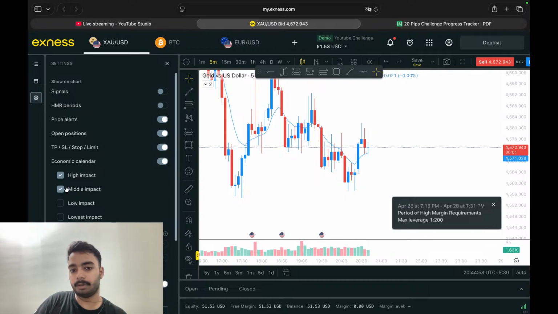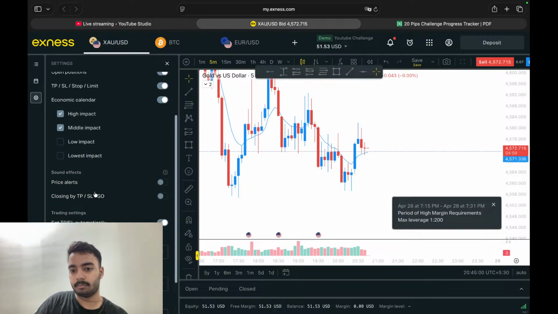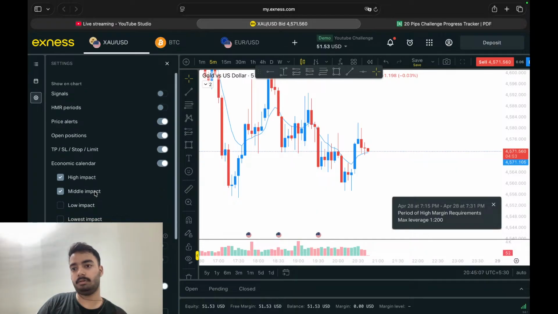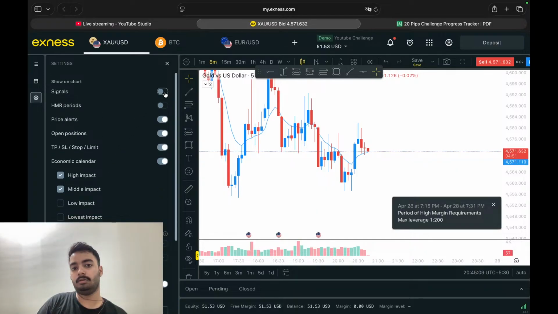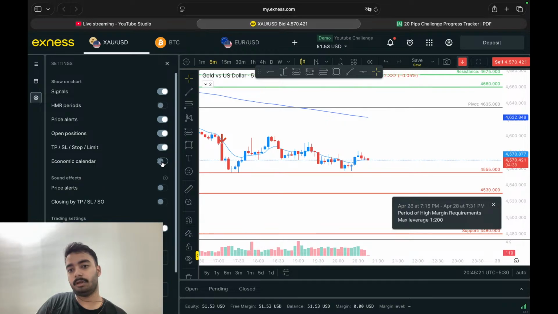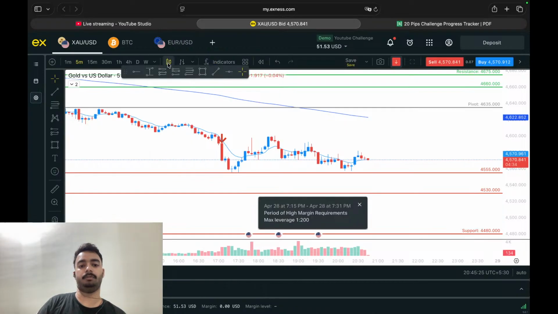Okay, middle impact as well. Signals, price alert, let's see. So let's keep this setting.